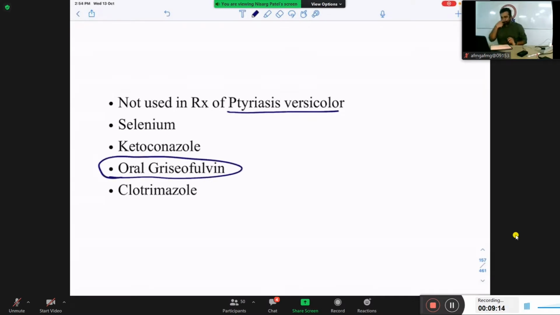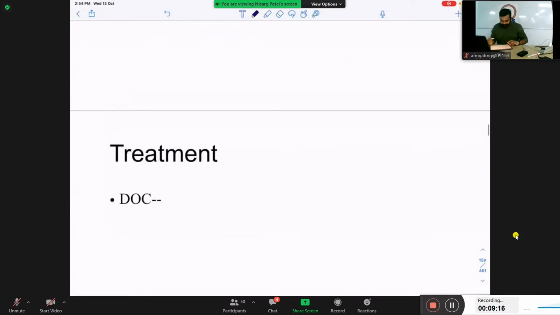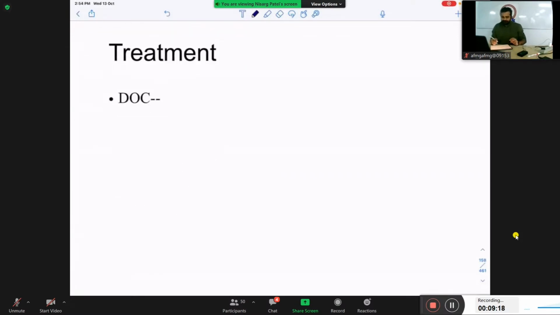We do not use griseofulvin. Okay. So right now, the drug of choice, first line, is clotrimazole, or itraconazole.